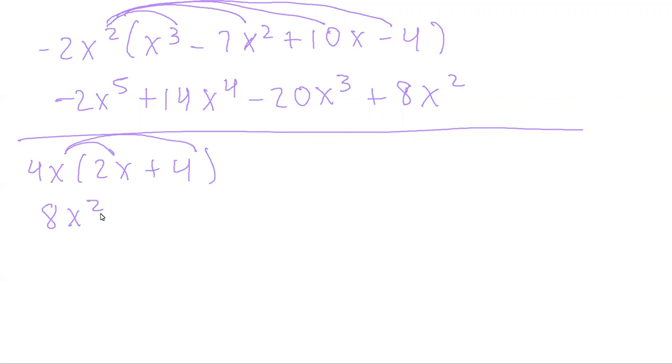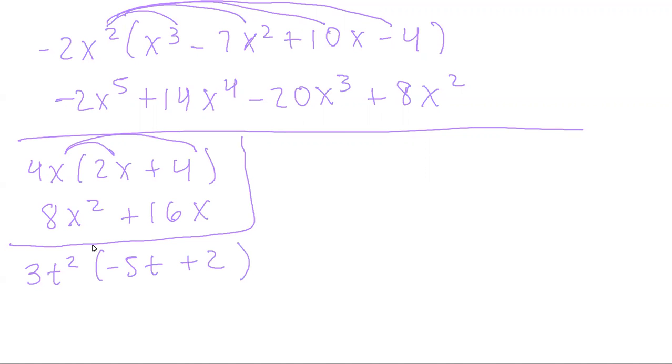Multiplying to the 4, now I get plus 16x. 3t squared times negative 5t plus 2. So distributing, so I get negative 15t cubed, and on multiplying the 2, I get plus 6t squared.